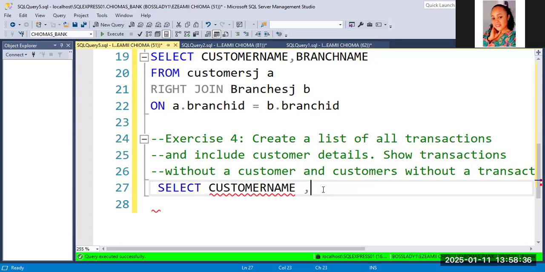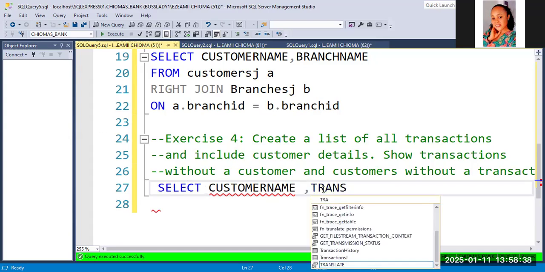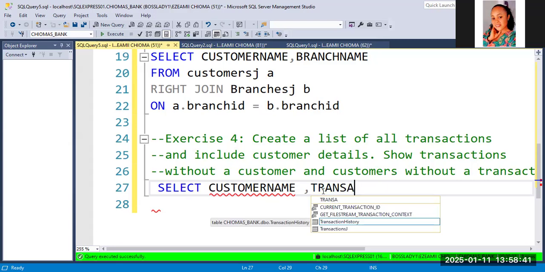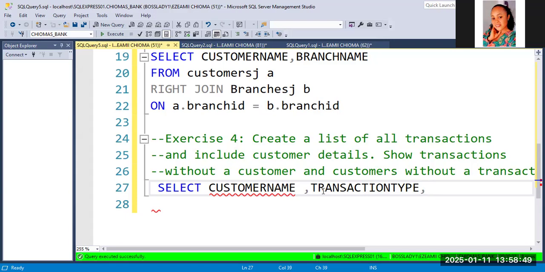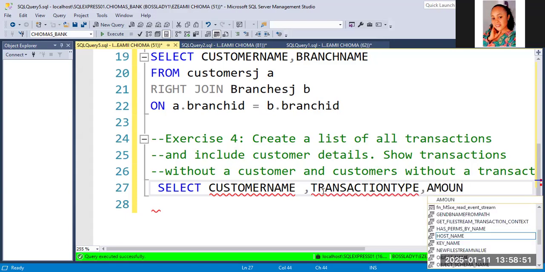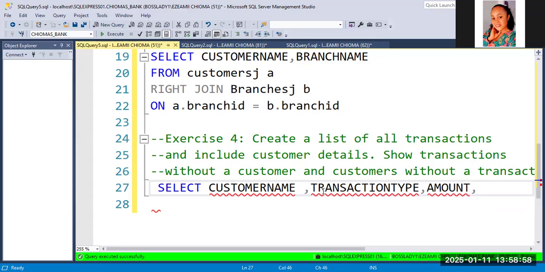Select customer name, transaction type. Then we can look at the amount. It's just the transaction details that we want. We can look at the amount. So we can look at city if we want.